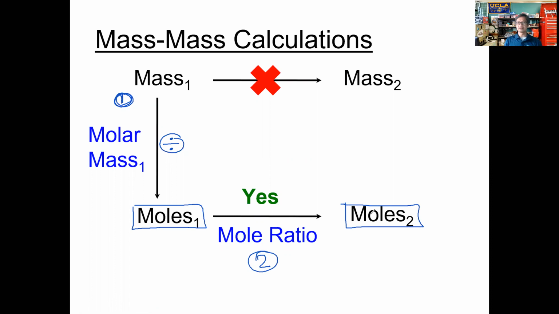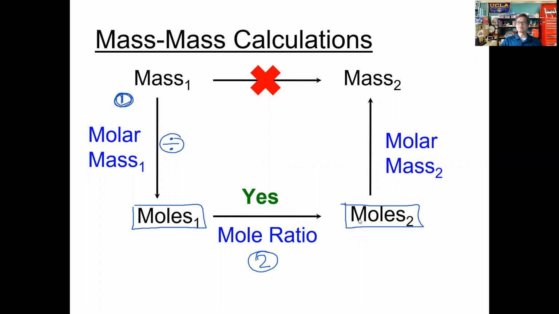So if we know the moles of compound 2, can we get the mass of compound 2? Yes, because we can use the molar mass of compound 2. In this case, we multiply by the molar mass, and this is the third conversion.